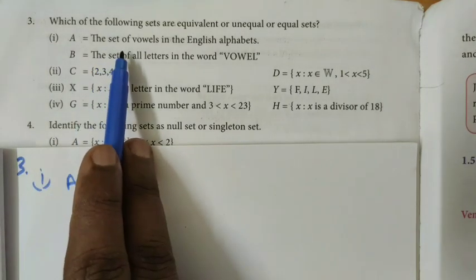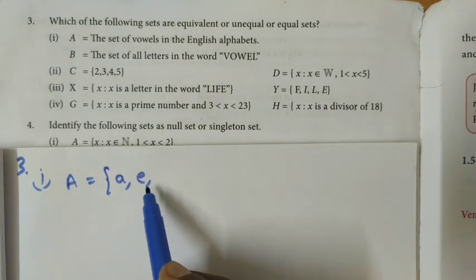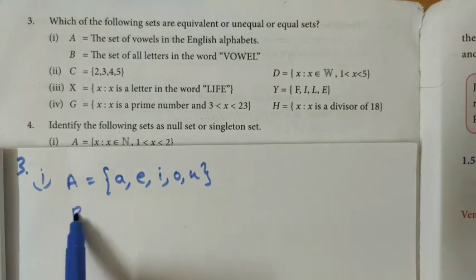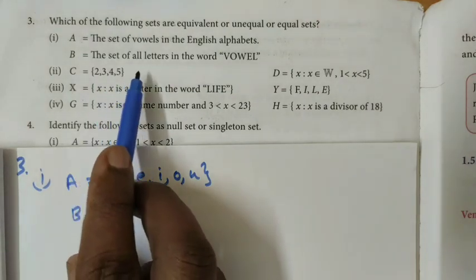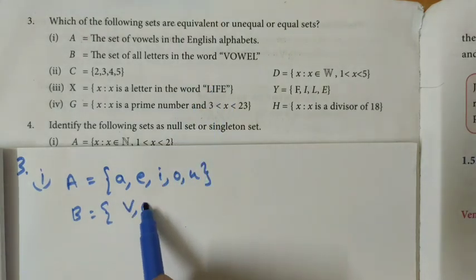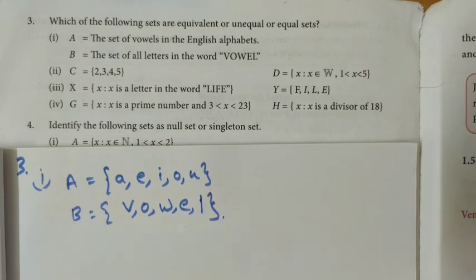So the set A is given for Roman number 1. The set A is the set of vowels in the English alphabet, that is A, E, I, O, U. These are the vowels. And then the set B is given as the set of all letters in the word vowel, V, O, W, E, L. Right?